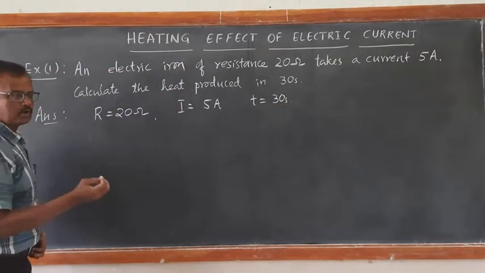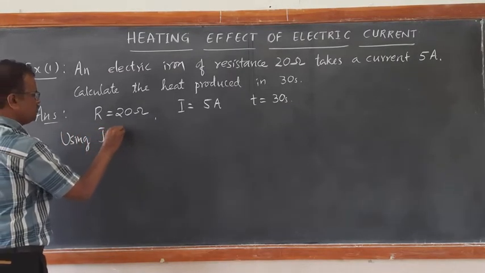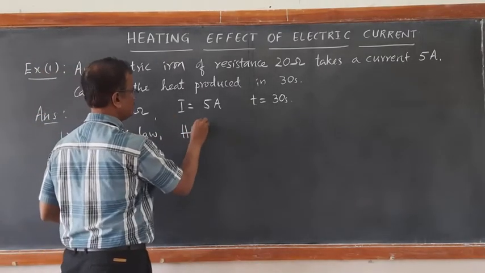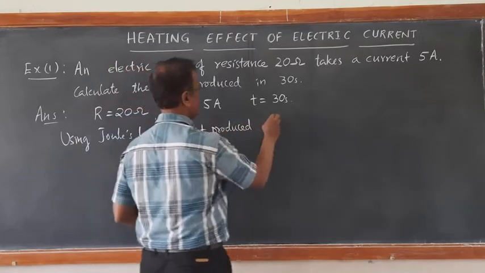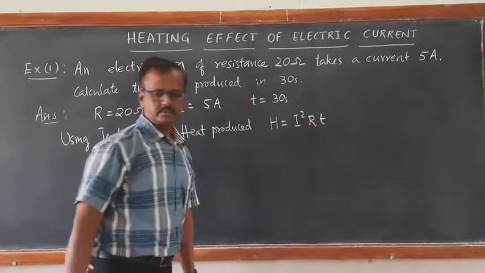So using Joule's law, heat produced, directly you can write H is equal to I square RT.